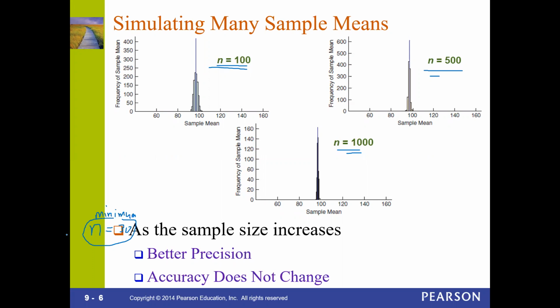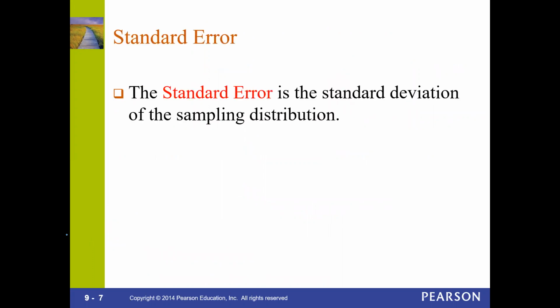I'm going to do the same thing for the sample mean. This is what I call the standard error. The standard error is the standard deviation of the sampling distribution. So mu x bar is equal to mu, and sigma x bar is equal to sigma over the square root of n. This is the standard error.